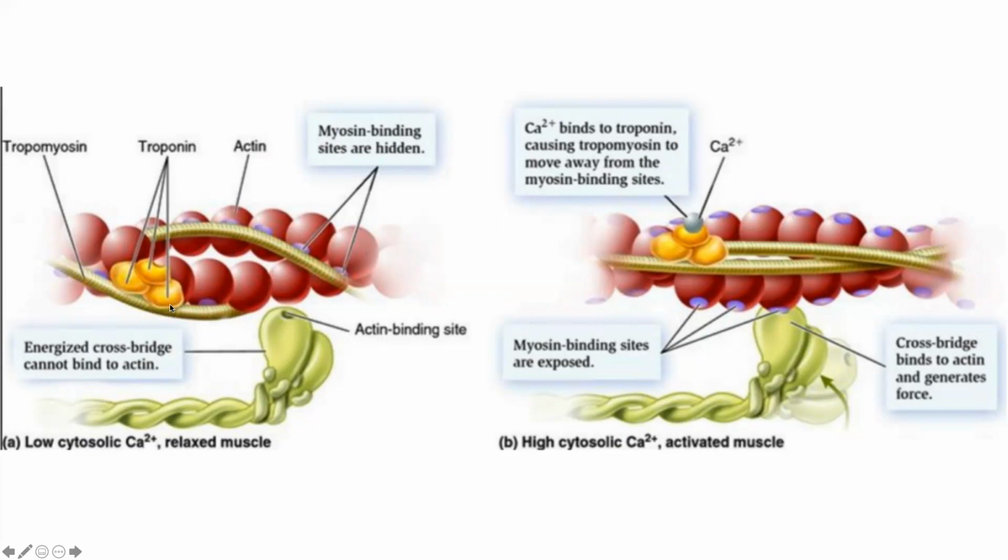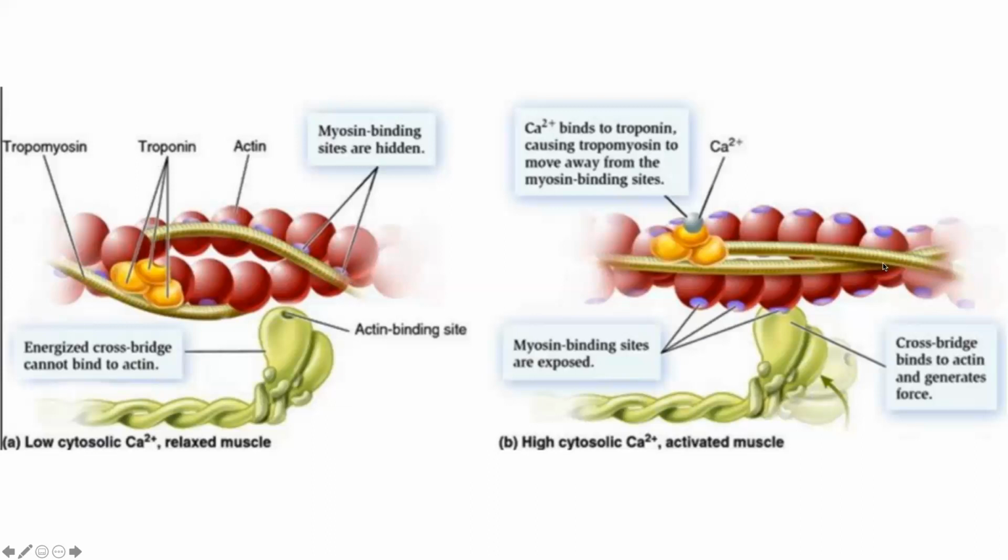Once there is a stimulus, when there is acetylcholine release and calcium release from the sarcoplasmic reticulum, that calcium will come and bind to this troponin. Look at that. Calcium has bound to troponin. By doing so, there is deformation of the tropomyosin. This curvy, wavy tropomyosin becomes straight.